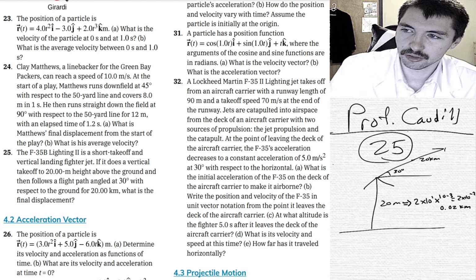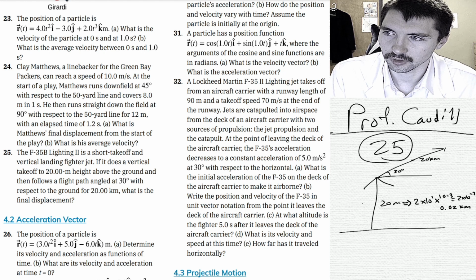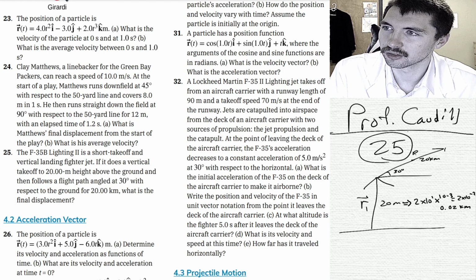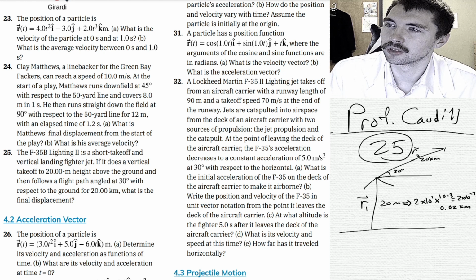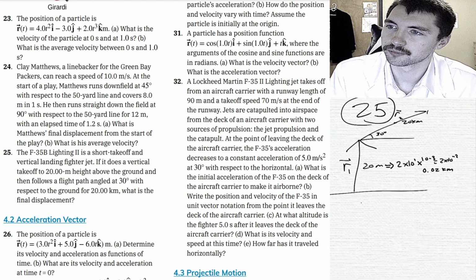All right, so let's say this is R1 and this is R2. This is 90 degrees.